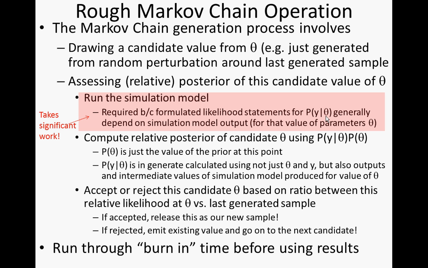To assess the relative likelihood that that's going to yield 5 people being observed within week 2 of the H1N1 pandemic in your city, you're typically going to need to arrive at output from the simulation model.